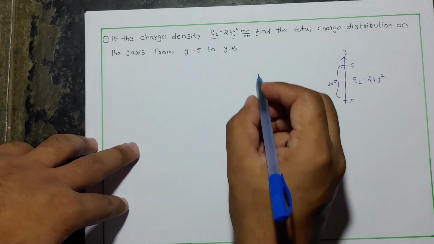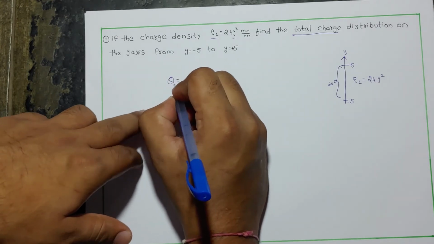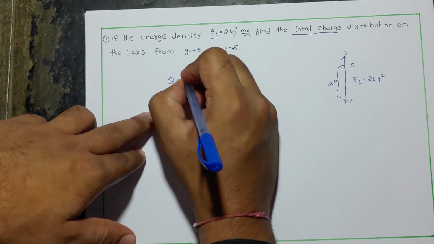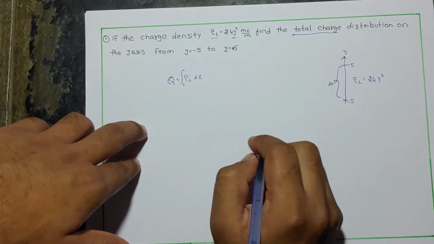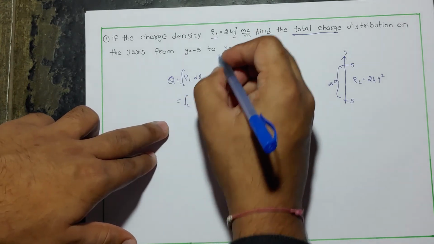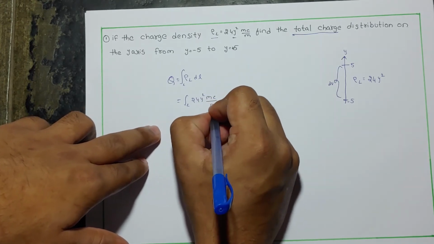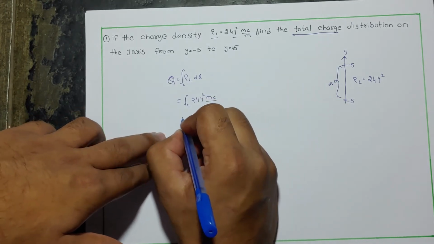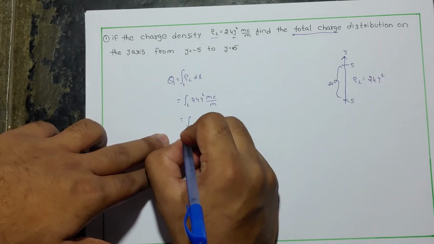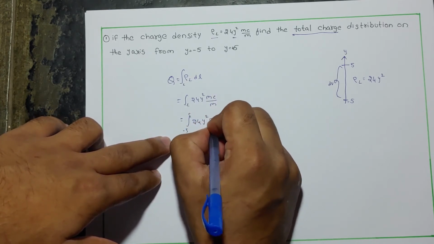Now we have to find the total charge. We know that Q in the case of line charge is the line integral of rho l dl. Here, given rho l is equal to 24y square millicoulomb per meter, which is equal to the integral from -5 to 5 of 24y square dy.